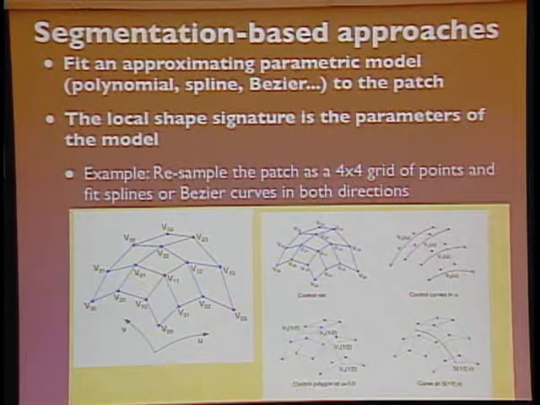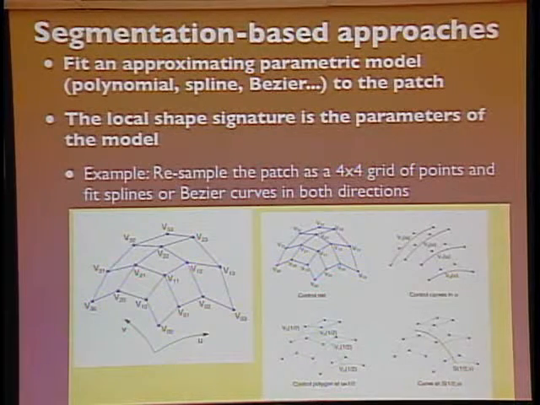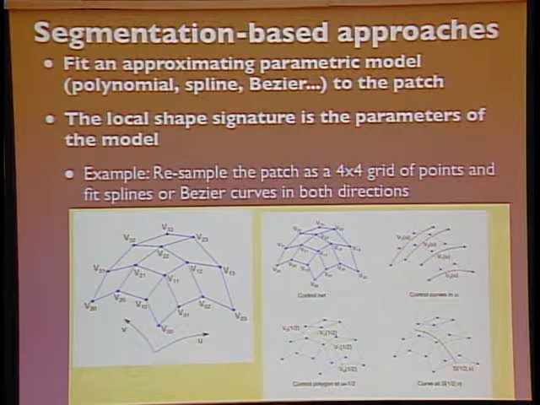For example, you can imagine a local curved part of that horse, where if you cut out that patch of the horse and look at it in 3D, it looks kind of like a parabola, or kind of like a hyperbolic curve. Then simply what you do is fit a parabolic or hyperbolic model to it, and the shape signature for that part of the object is going to be the parameters of that hyperbolic or parabolic equation.